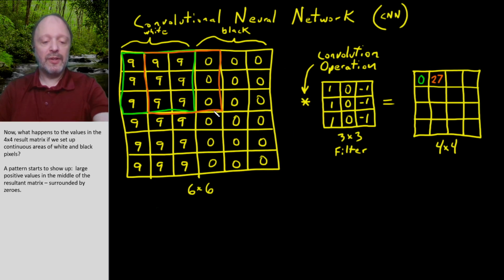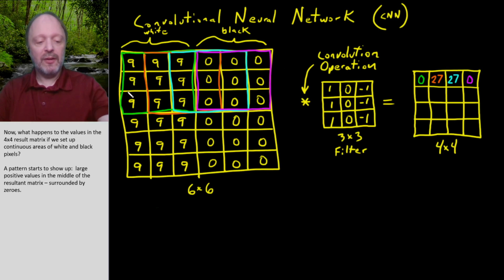Okay, shift it over again. Now it's going to be over here. What do I get? 27 plus 0 plus 0, 27. And then I shift it over again to right here. And I'll wind up with 0 plus 0 plus 0, and that's a 0. So far so good.